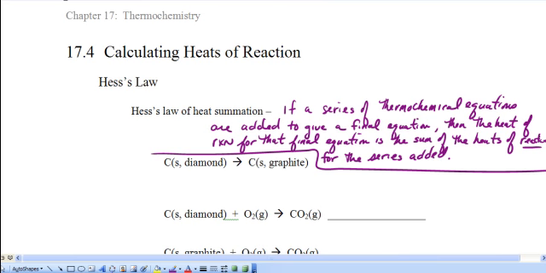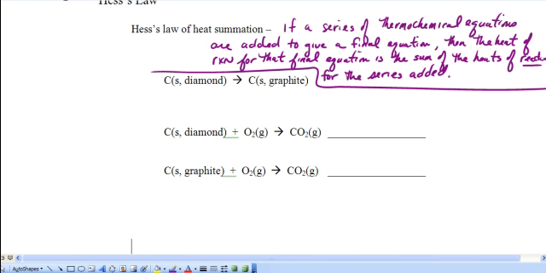So what you can do is simply this. Take a diamond and burn it in oxygen to produce carbon dioxide. Take graphite, burn it in oxygen to produce carbon dioxide, and compare the results. When you burn a diamond, the delta H for the reaction is going to be a negative 395.4 kilojoules per mole.